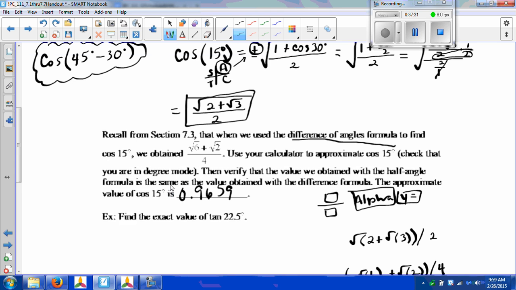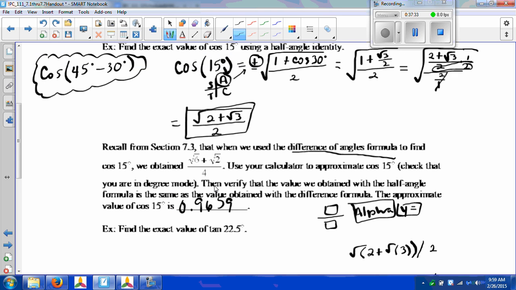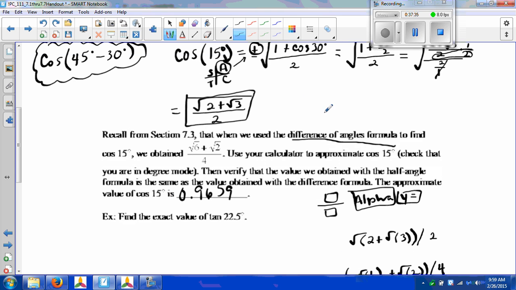But notice it is not half the cosine of 30. Now I want to do over here, what is the cosine of 30 degrees? What's half the cosine of 30 degrees? Well, the cosine of 30 is root 3 over 2, so that's half root 3 over 2, or in other words, root 3 over 4.